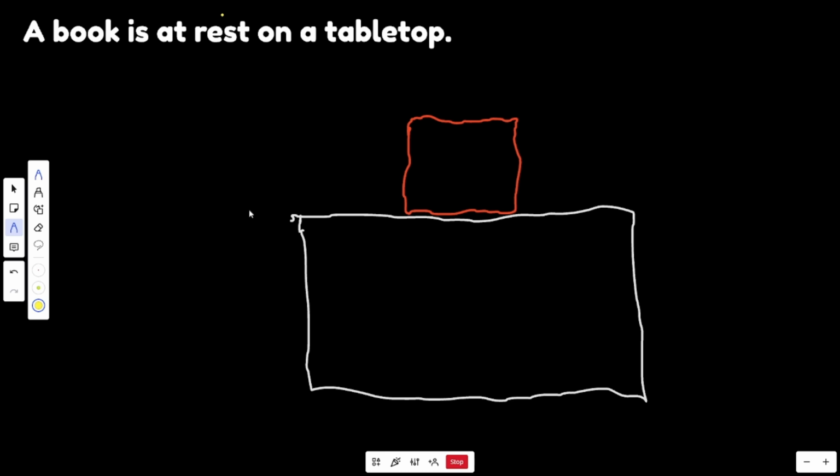The book is at rest on a tabletop, and gravity does not disappear, and the book has mass. So that means that the most basic force acting on the object is gravity, or the gravitational force, which can also be called weight.